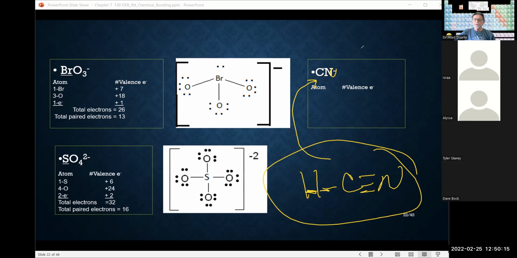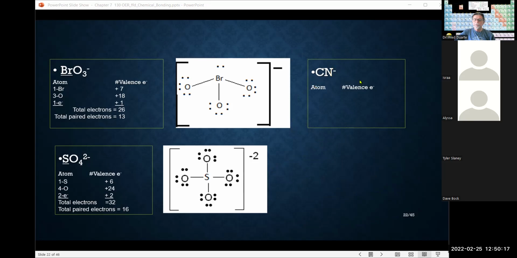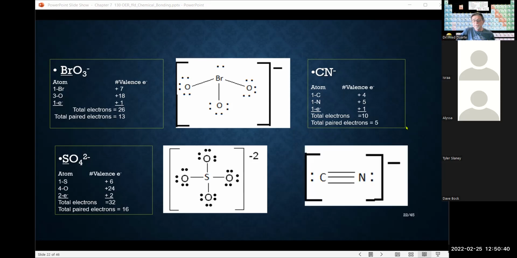Okay, let's clear this up. So 4 for carbon, 5 for nitrogen, and 1 for the charge. So we got 10 pair. Here, you only got 2 atoms, so there really isn't a central atom. You pick any one you want there.